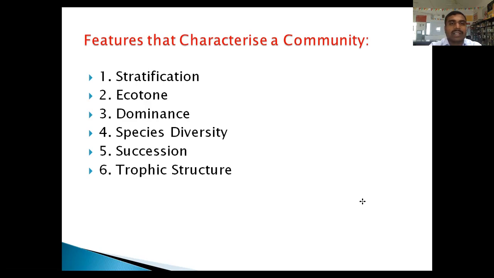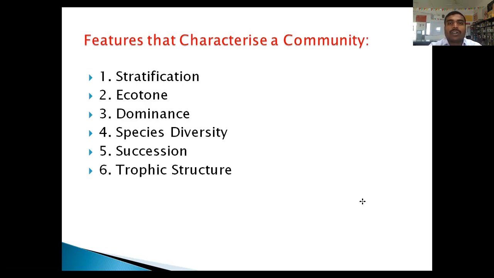Then next is succession. Each community has its own developmental history. It develops as a result of a directional change in it with time. That ecological succession we had studied and we will study in detail in coming lectures. The next is trophic structure.